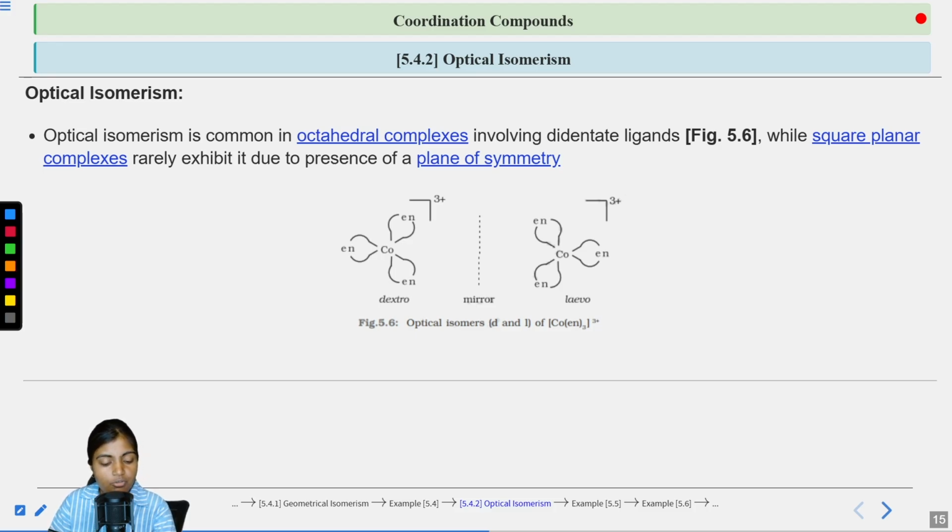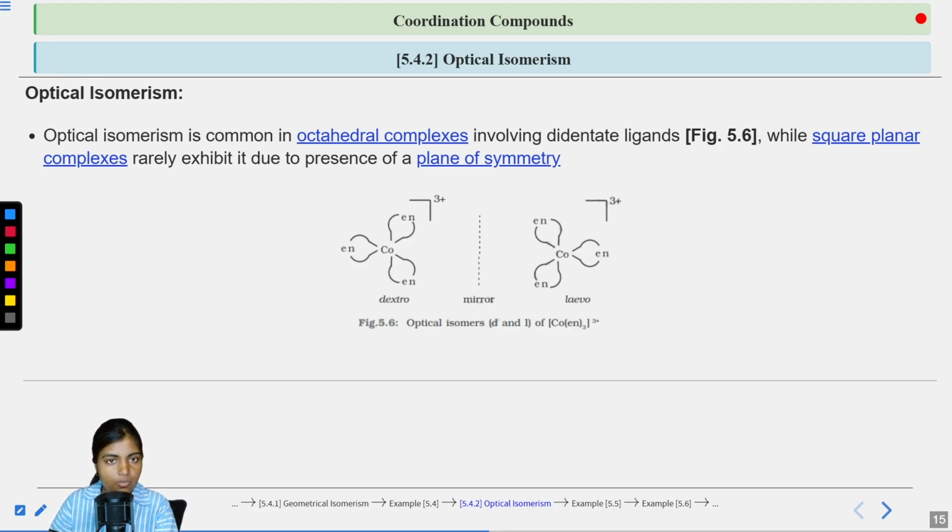That's why it is going to be an octahedral complex, because the cobalt, which is a central metal ion, is present in this complex, and surrounding it 3 bidentate ligands of En are present. Each En ligand is going to bond with the central metal ion via its 2 donor atoms.